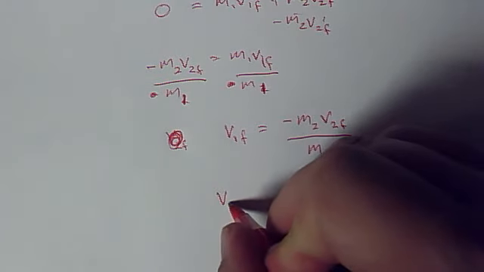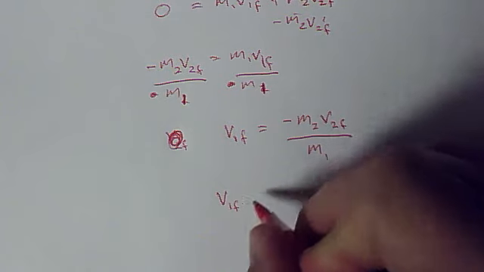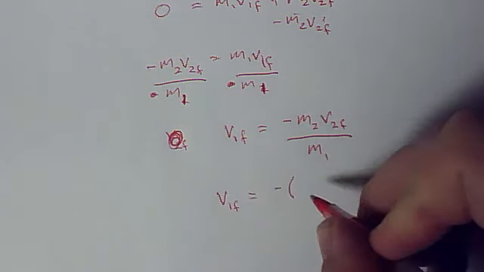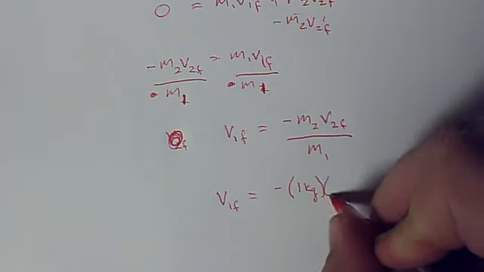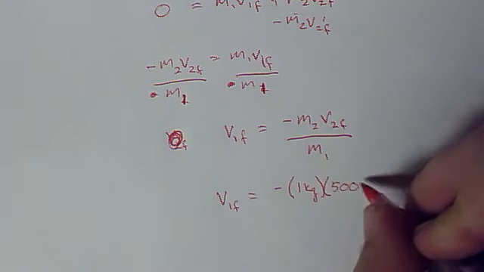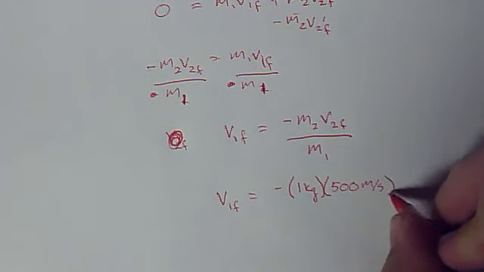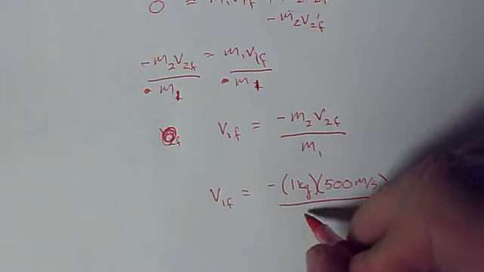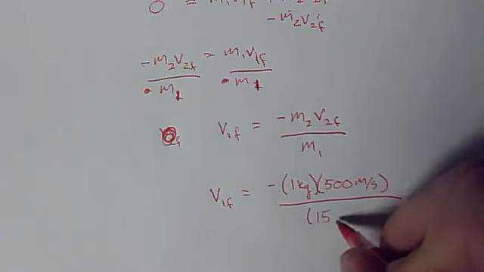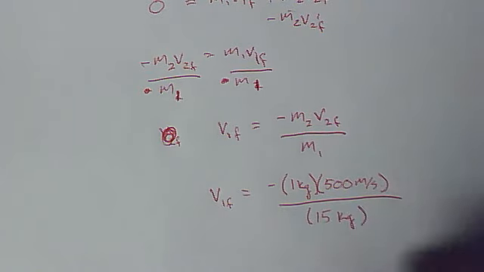So my velocity of my cannon afterwards is the negative of my mass of my bullet, 1 kilogram, times the velocity of the bullet, 500 meters per second, divided by the mass of my cannon, 15 kilograms.